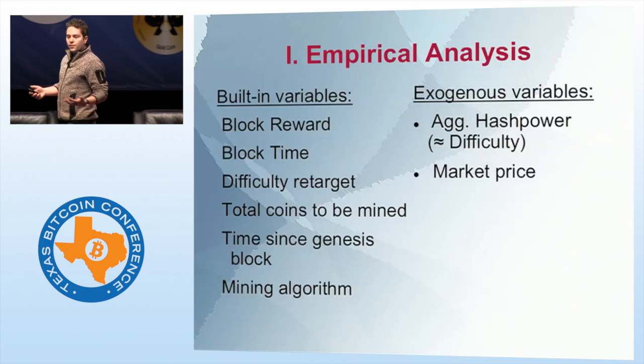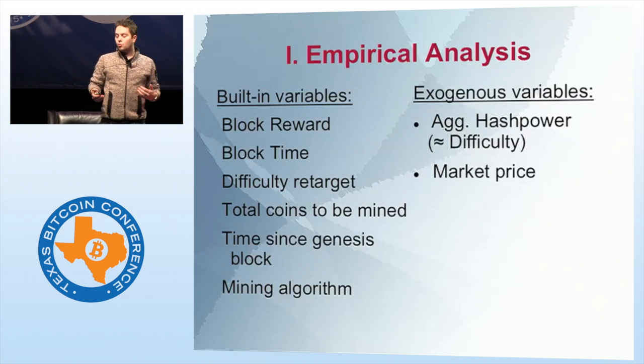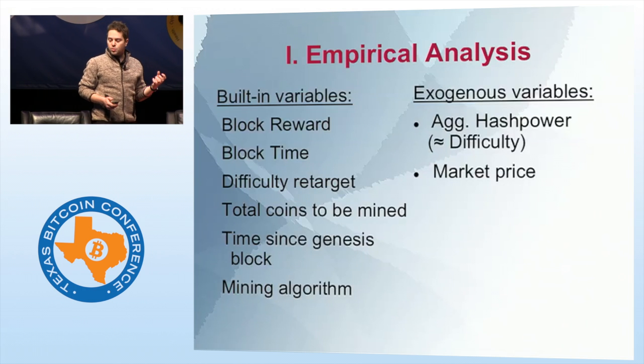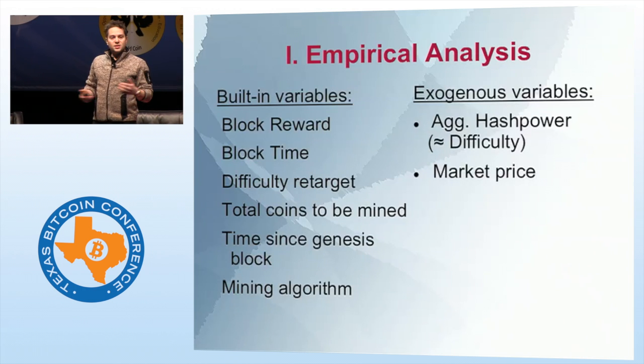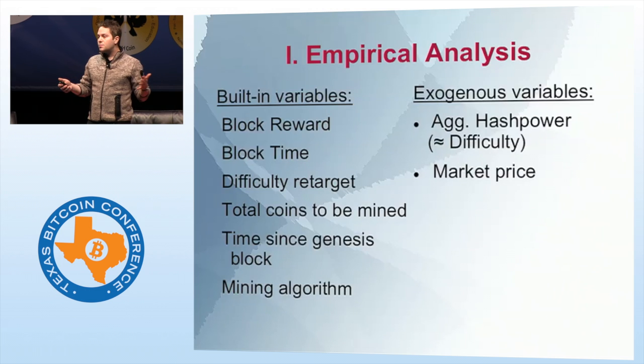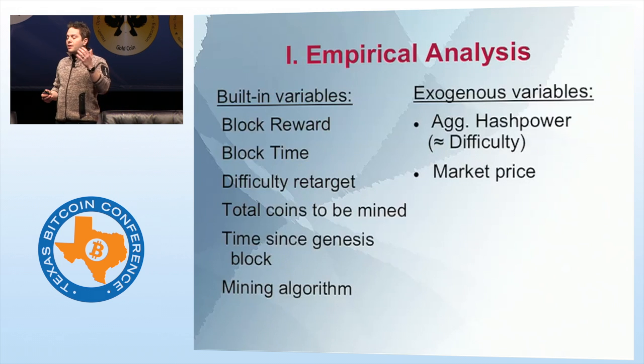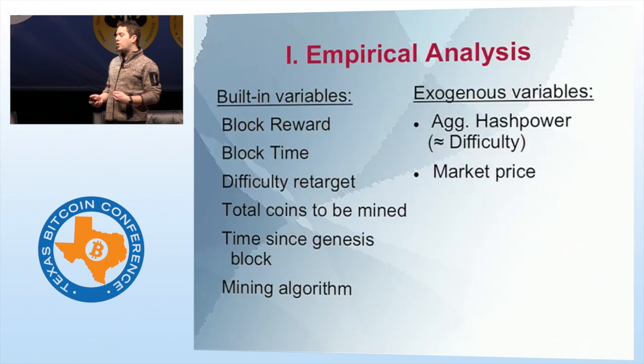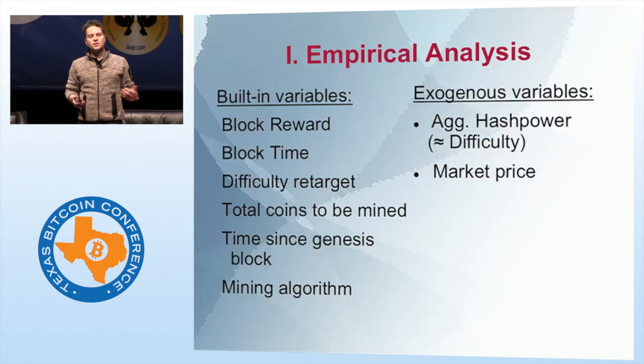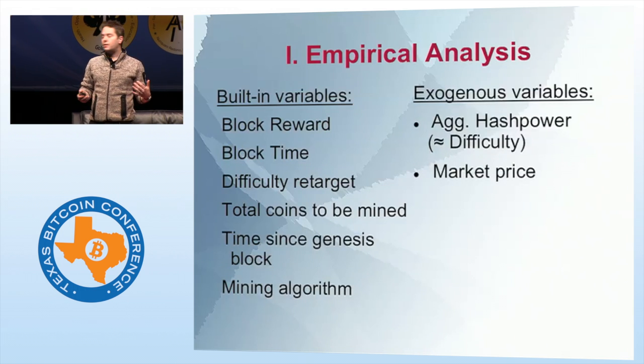Going into it, I thought all of them could feasibly matter. The block reward is the number of coins found per block. The block time is how many minutes or seconds between blocks, and so forth. Those are all built in. There's also observed variables that we can only see by looking at the market, such as the price and the aggregate hashing power, which manifests itself indirectly through the difficulty of mining.